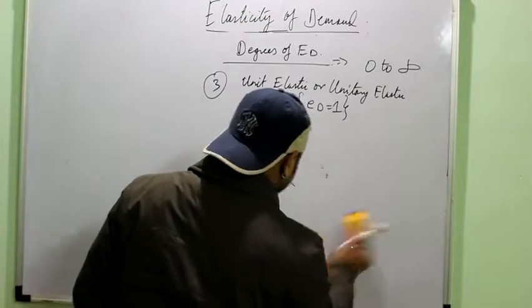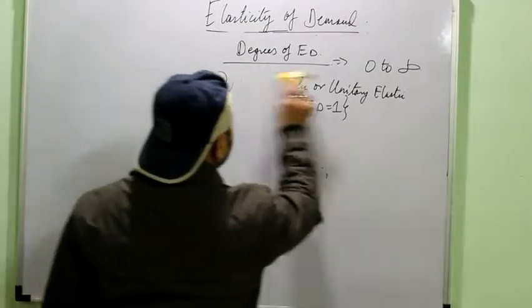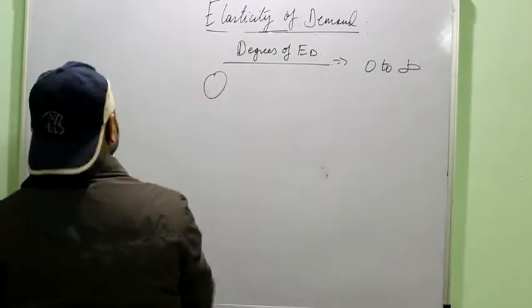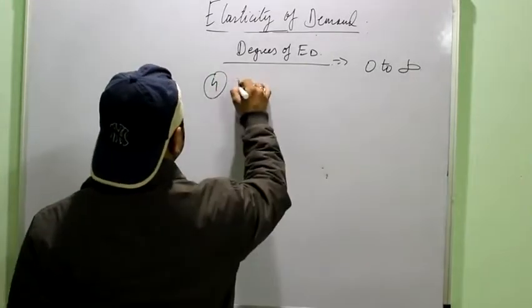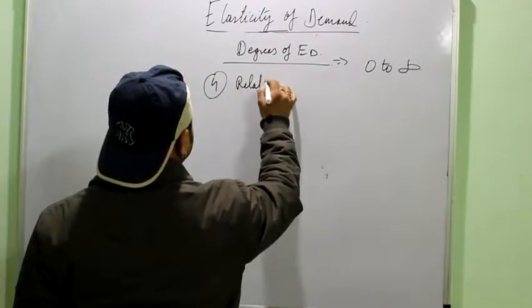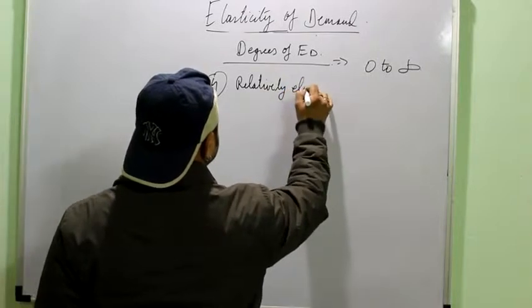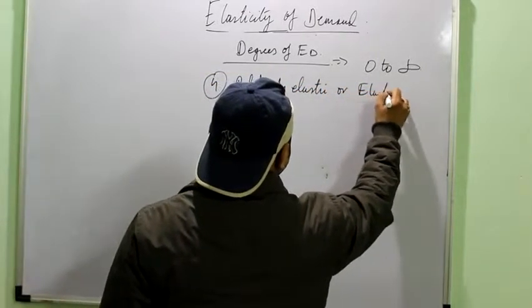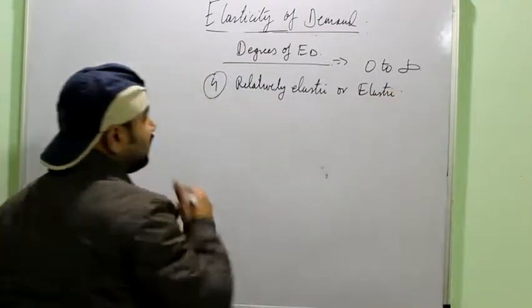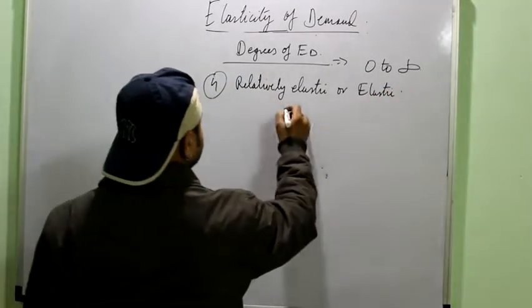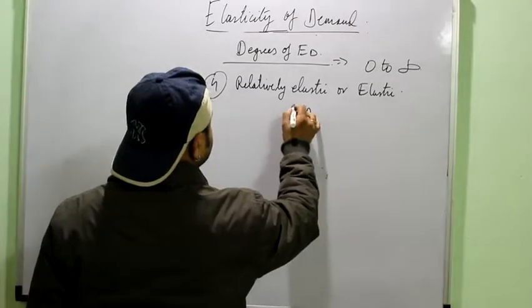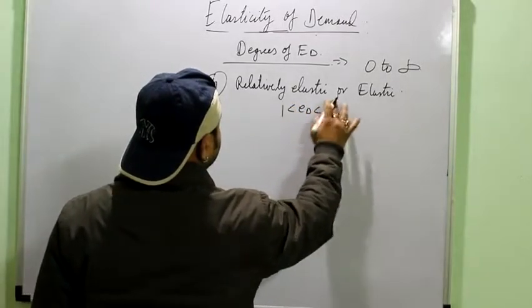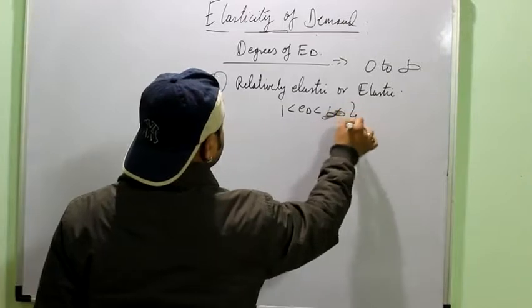Then next is the 4th degree of elasticity, that is relatively elastic, or simply you can call it elastic demand, where ED is more than 1 but less than infinity.